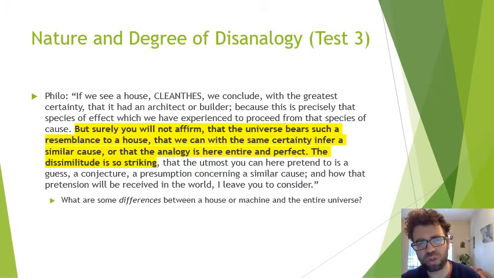The dissimilitude is so striking that the utmost you can here pretend to is a guess, a conjecture, a presumption concerning a similar cause. How that pretension will be perceived in the world, I leave you to consider.